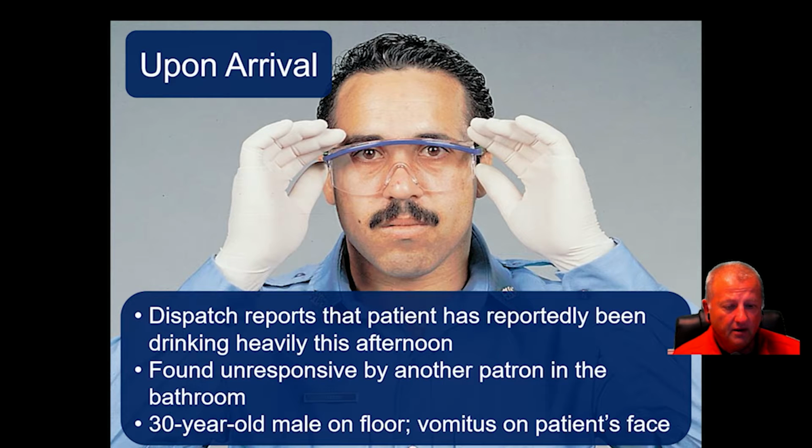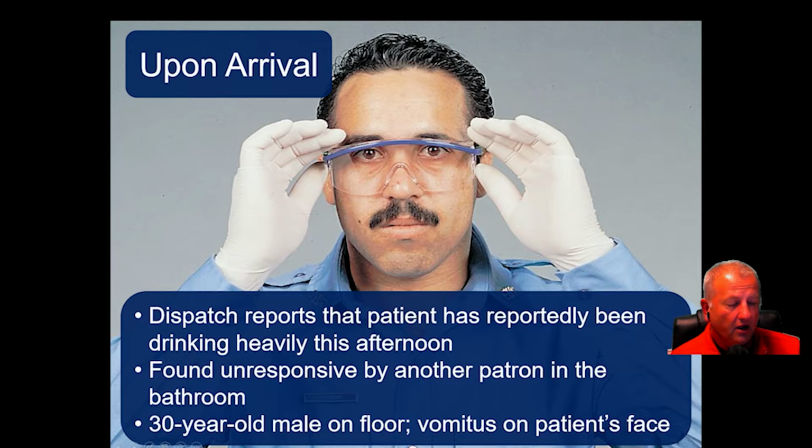So there's a problem there with the respiratory system. The patient has vomit on his face, which could mean he's going to have vomit blocking his airway. It's something that we're going to have to think about and assess once we're on the scene. So we have a lot already going on with this call, and we're not even there yet.